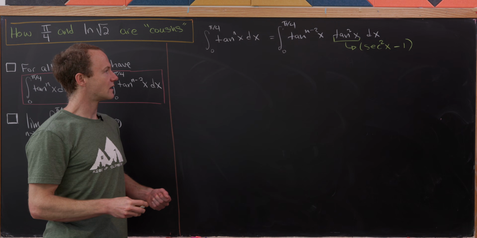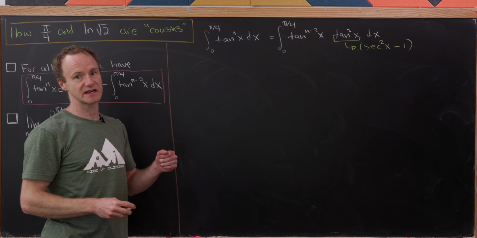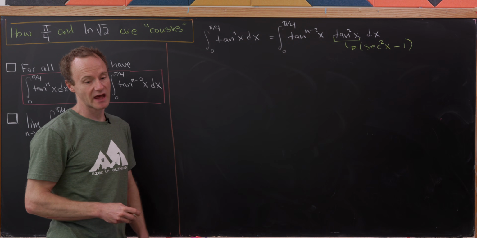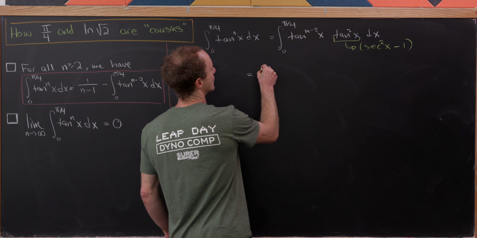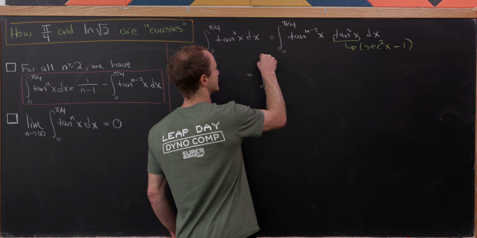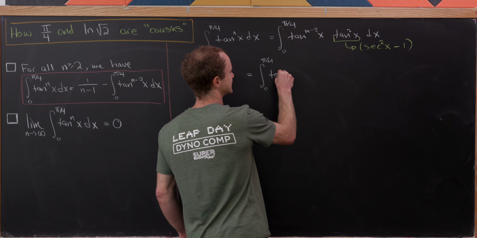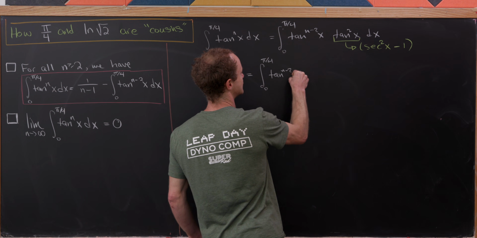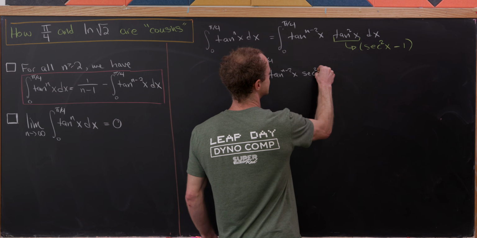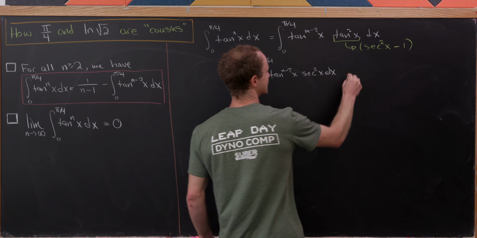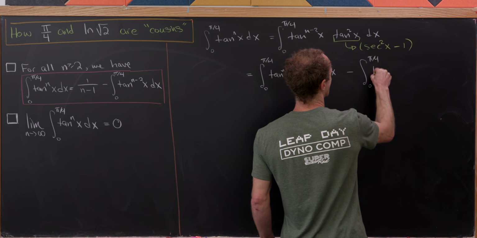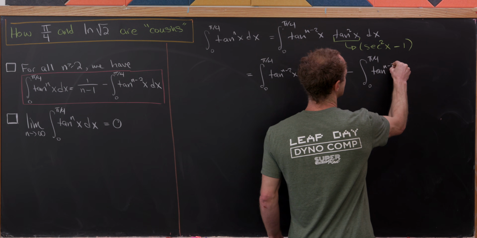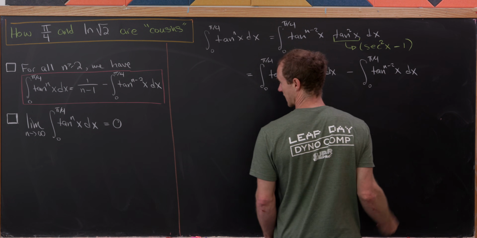And then let's multiply that tangent to the n minus 2 through and pull these apart into two pieces. We'll have our integral from 0 to pi over 4 of tan to the n minus 2 of x times secant squared of x dx minus the integral from 0 to pi over 4 of the tangent to the n minus 2 of x dx.